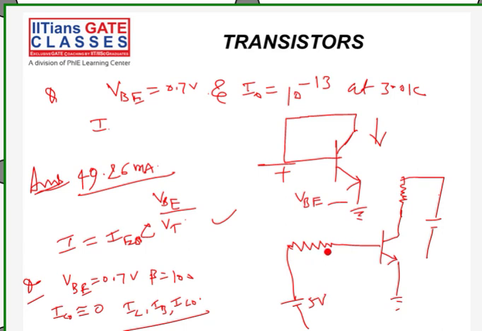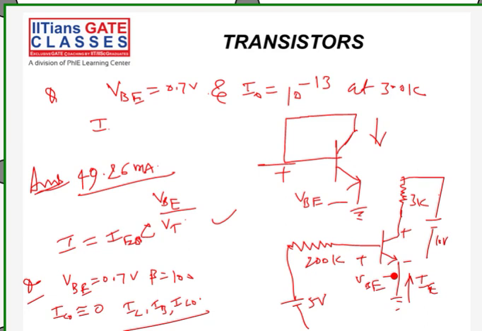5 volt, 200k, 3k, this is 10 volt, plus minus, plus minus, and this is I. So these are the values, all the values given to you in the question.